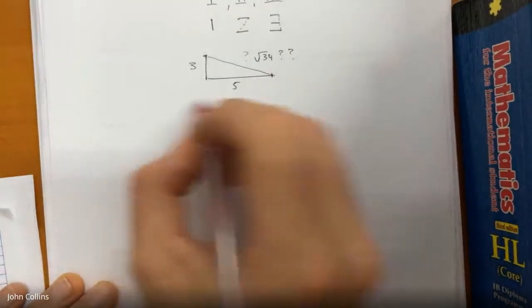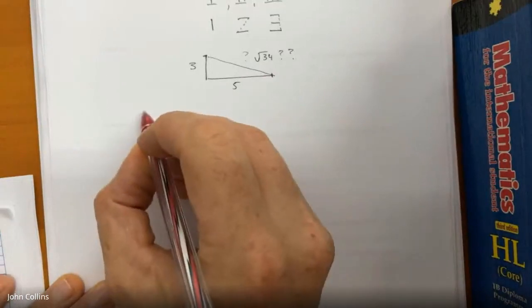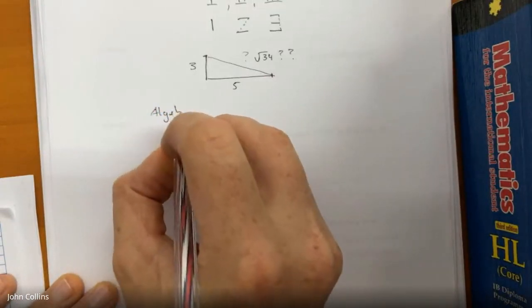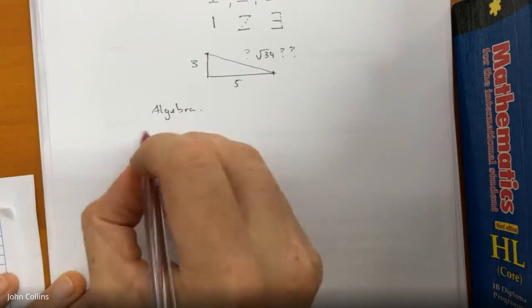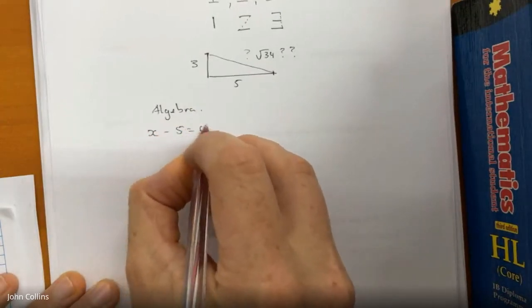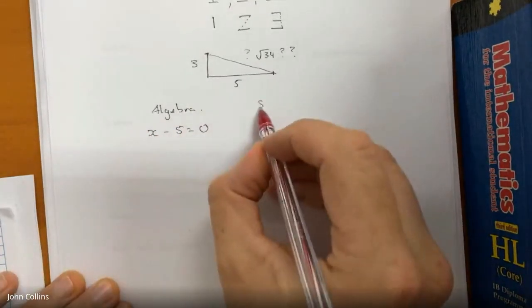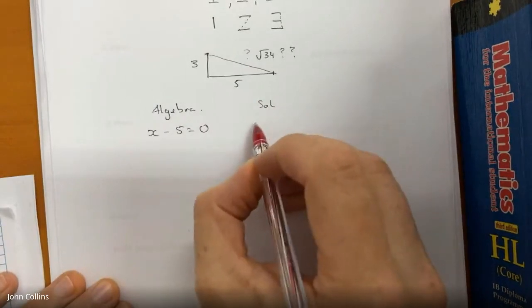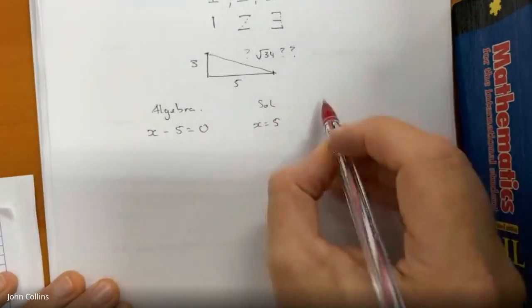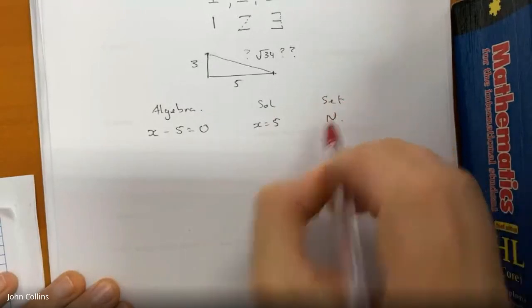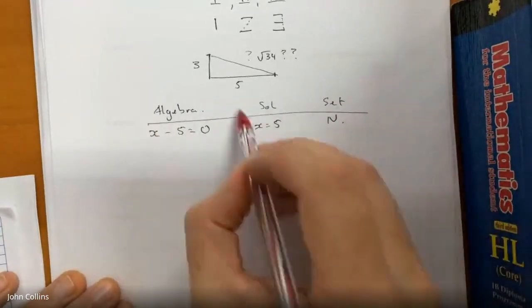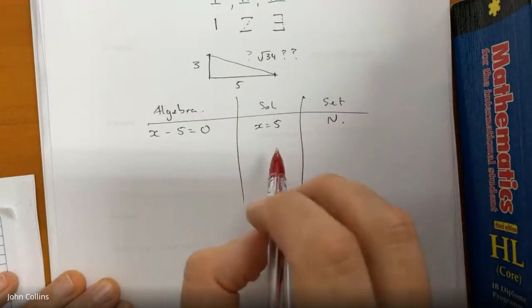But let's look at how counting numbers form each of those using algebra. This is a very simple algebraic equation. The solution is a counting number, so there's no problem there. x is equal to 5, and it's from the set of natural numbers, which are all the counting numbers.